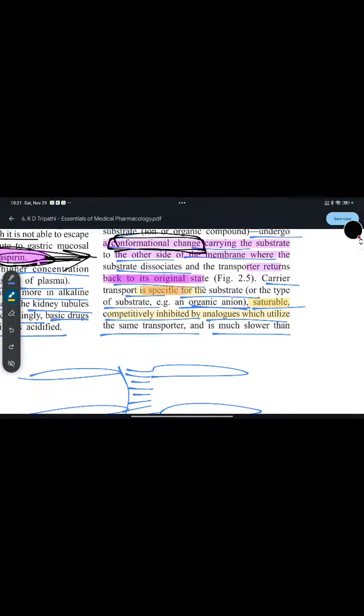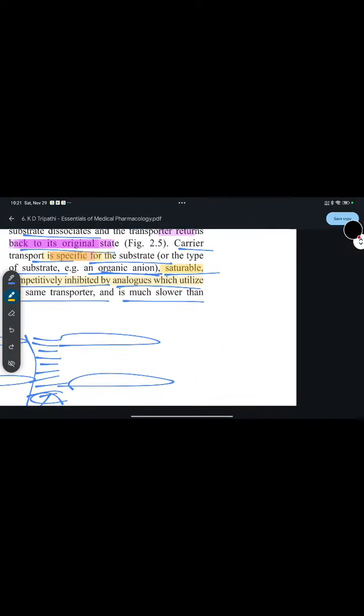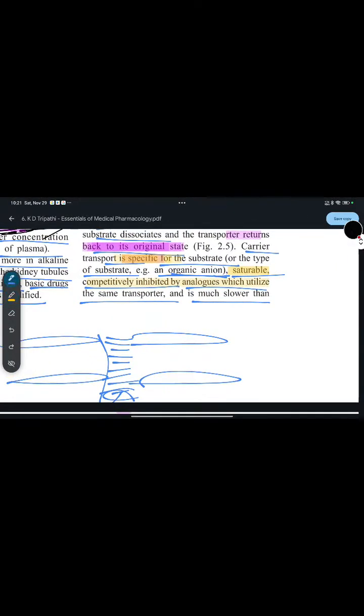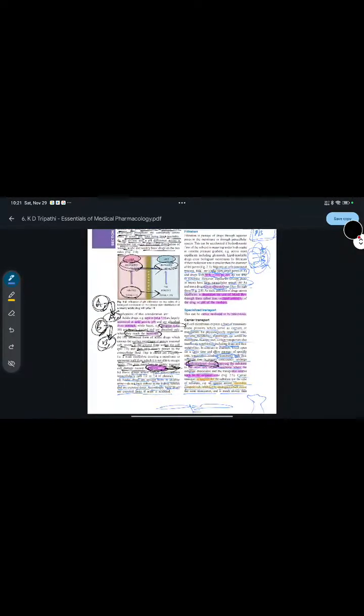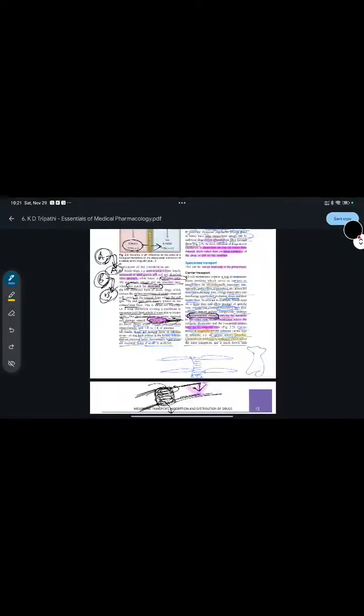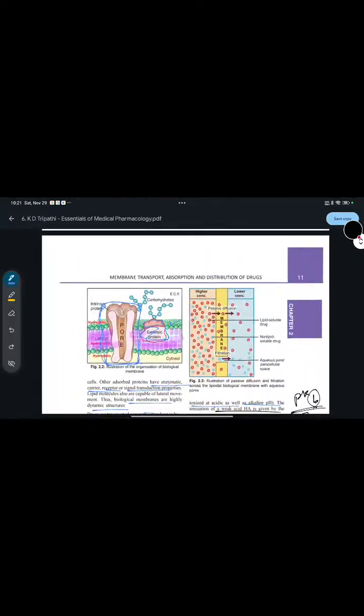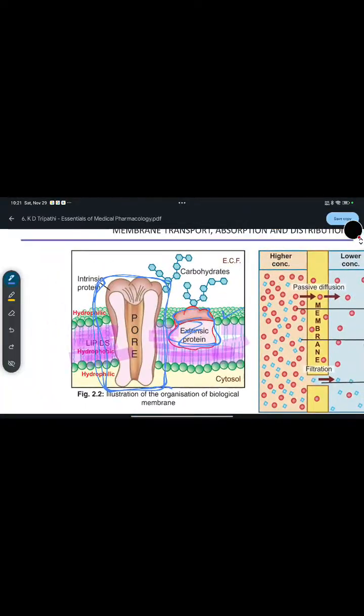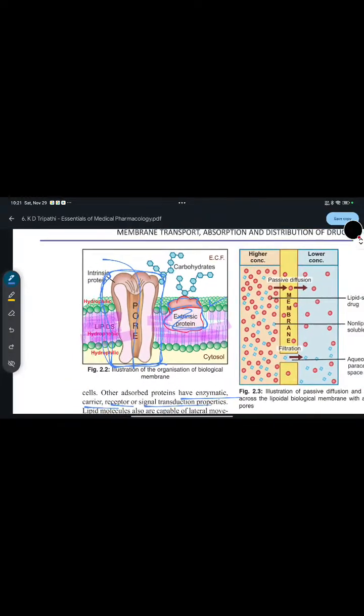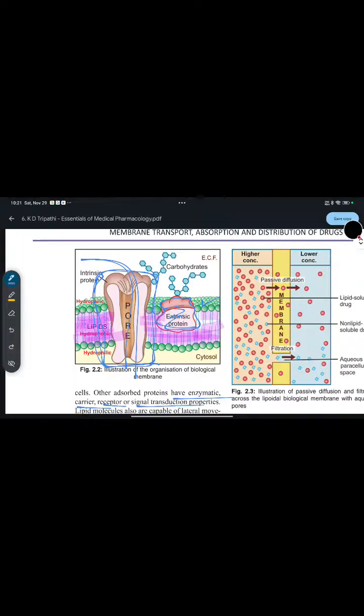Okay, so for example, there is a transport channel. See, this one is the channel through which some drugs are going inside or outside the cell.